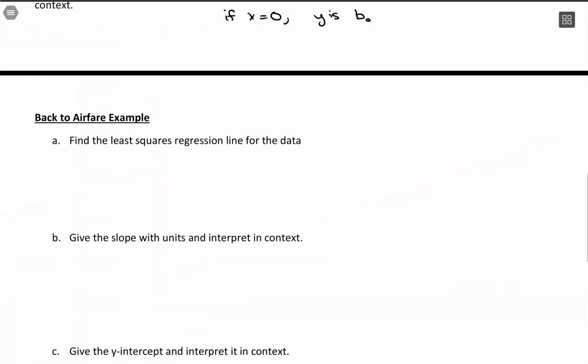So getting that least squares regression line, we're using GeoGebra. And what we found is y hat is equal to 0.1373 times x plus 81.7636. Another way to write this that you might see is actually using the name of the variables. So like y is represented by airfare. So what we could write this as is the prediction for airfare.